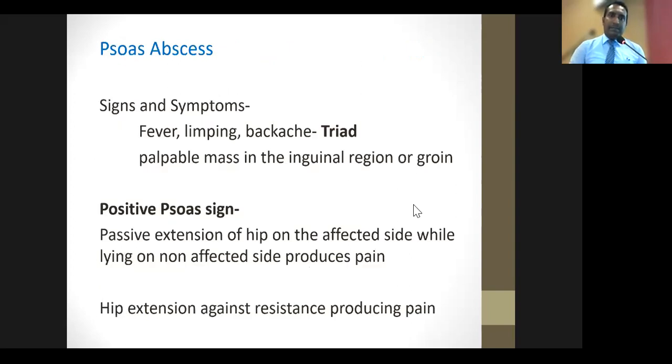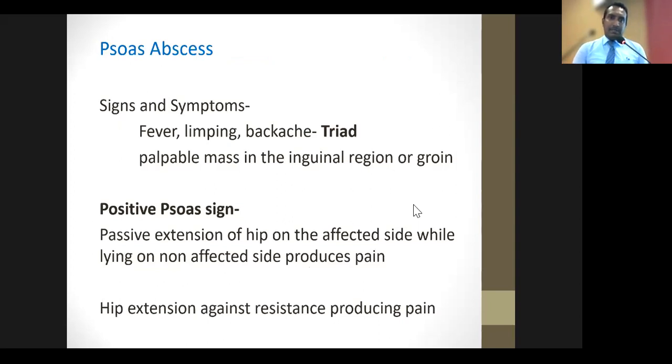The commonest muscle abscess formation in TB is psoas abscess formation. There is a clinical triad which presents when the patient presents with fever, limping, and backache. We have to suspect a psoas abscess. Sometimes, when the psoas abscess is large enough, a palpable mass can be felt in the inguinal region or groin.